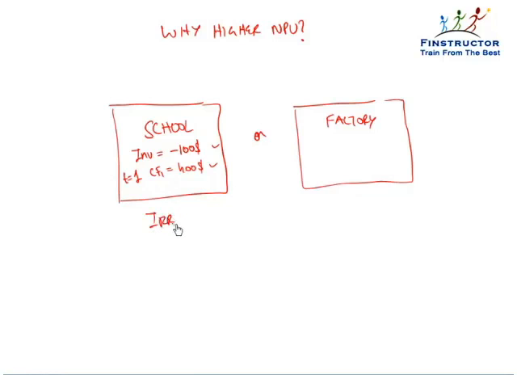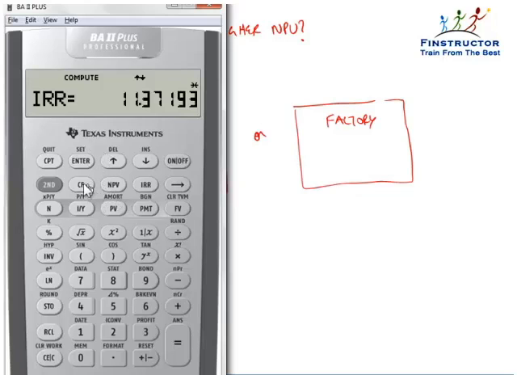So if we input the cash flows in the cash flow sheet and compute the IRR, it'll come out to be a very high number. Let's try to do it. So go to the cash flow sheet, clear work first, press 100 minus as the cash outflow, and at the end of the first year you're getting $400 as the cash inflow. If I compute the IRR, it comes out to be 300% for the school project.